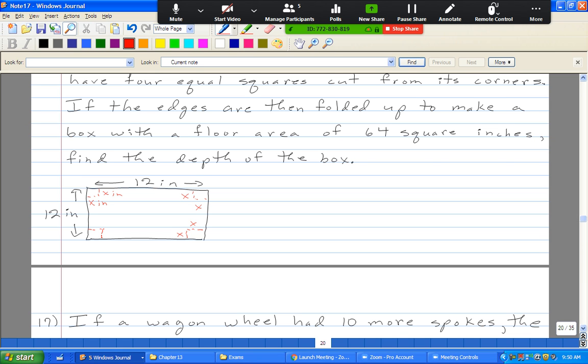So now this is 12 minus 2x inches. And this is 12 minus 2x inches.